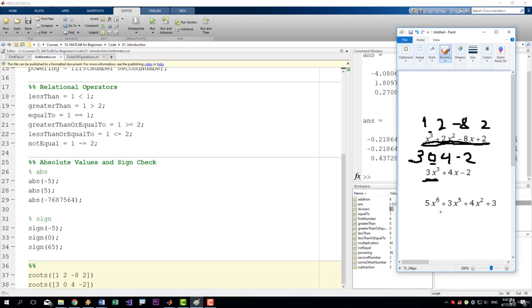And the final example, we have 5 times x to the power of 6 plus 3 times x to the power of 5. Then we don't have anything for the power of 4, the power of 3, and the power of 1. So our coefficients would be 5, 3, and then we have 2 zeros because we are skipping 2 powers here. 2 zeros, 4, 0, 3.